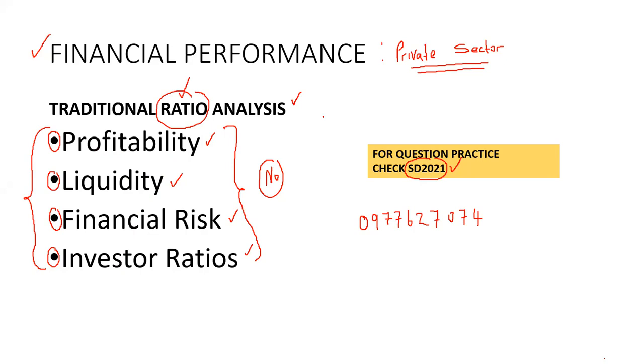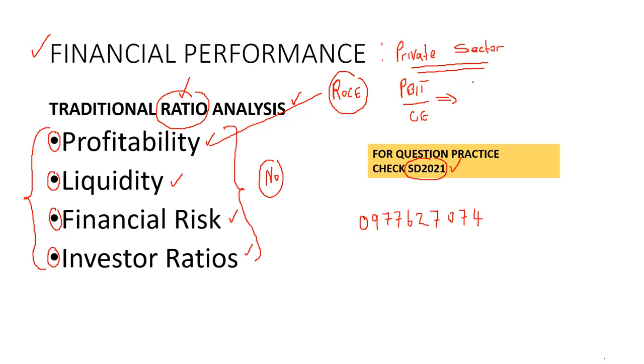Profitability. You all know that to assess profitability, what are your core ratios? It's your ROCE. That's your core ratio, which is further split into two items. What is that?